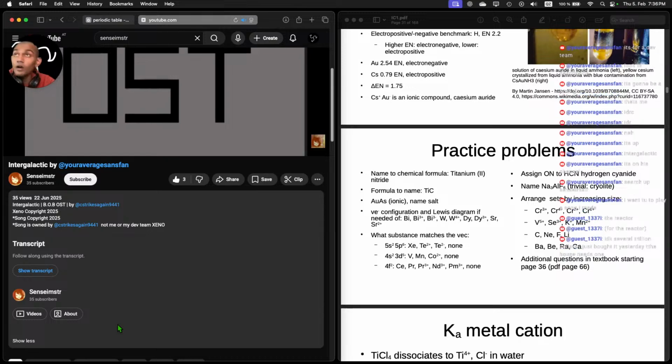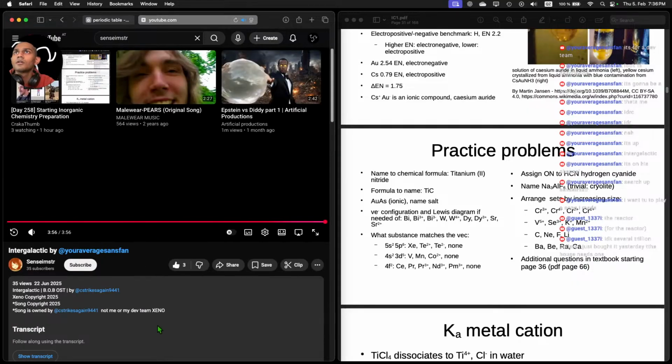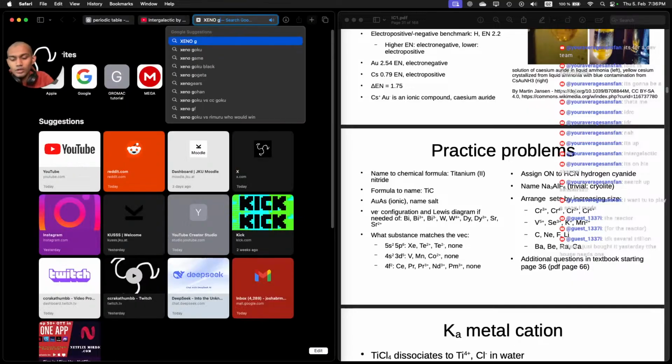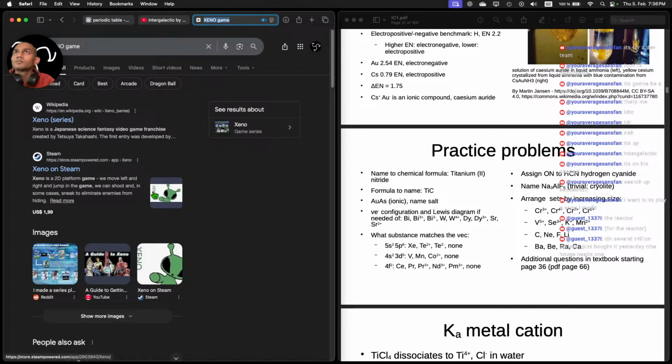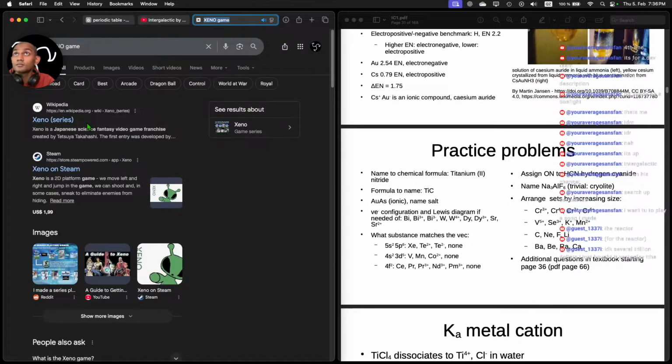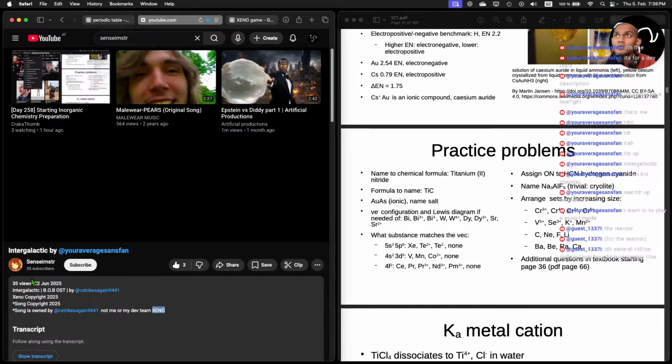It's for a dev team. Oh. It's for a dev team. Is that a Xeno? It's a game? Is it Riku? Wow, it's Japanese. Fourth line.